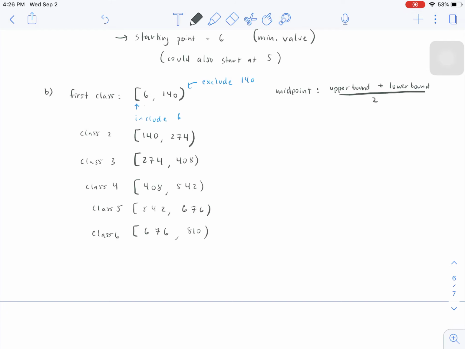So the midpoint for our first class will be 140 plus 6 divided by 2, which is 146 divided by 2, it should be 73. And so on. My midpoint here would be 274 plus 140 divided by 2, and so on.